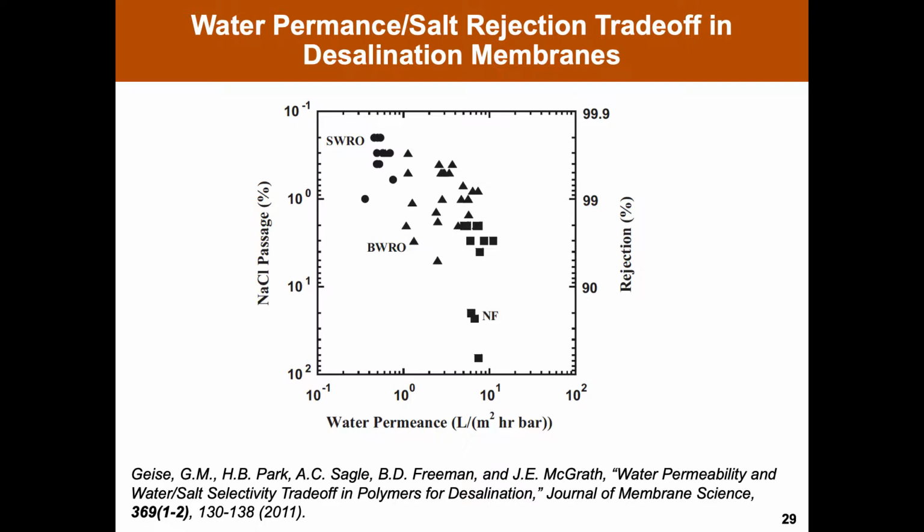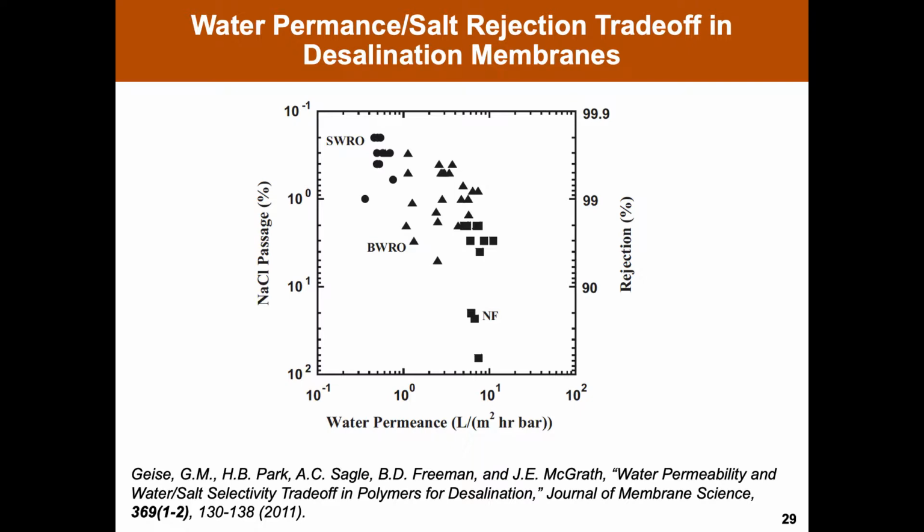This is showing one incarnation of that for desalination membranes, and what it's showing is that as you increase the rate at which water is transported through a given polymer, you typically lose the ability to gate how much salt comes through. And it's showing that standard seawater reverse osmosis membranes typically have salt passage that's well under 1%, so greater than 99% rejection.